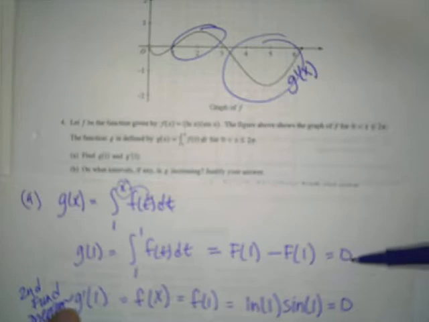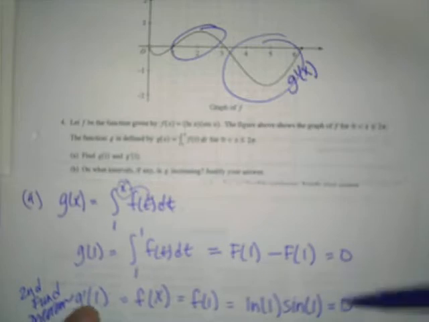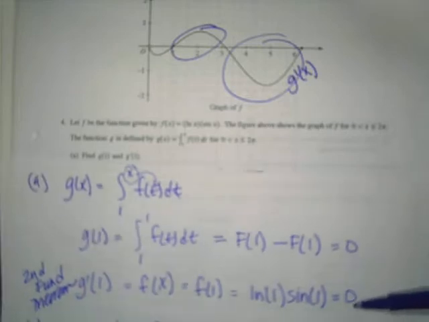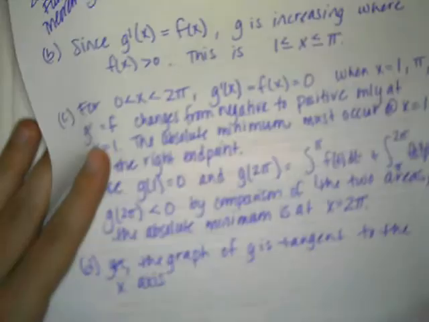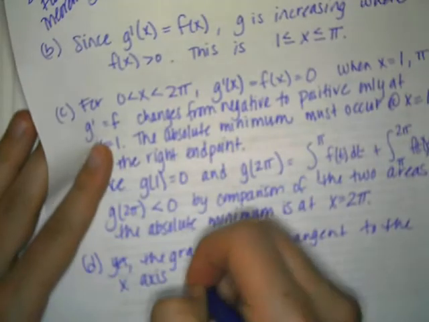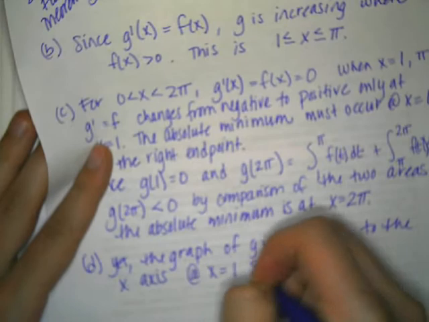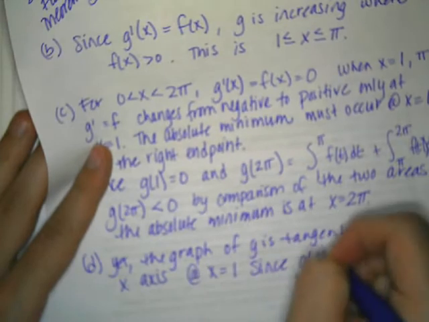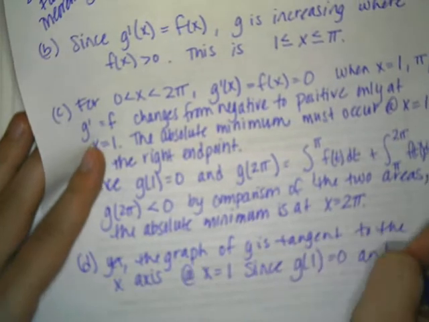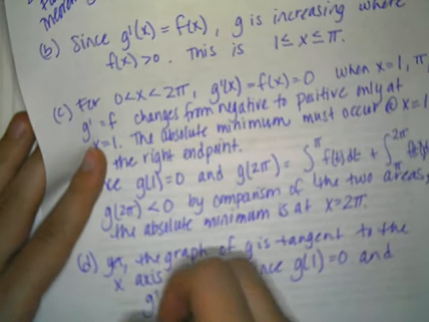That's on the x-axis. But then g prime of 1 was also 0, which is the slope of the tangent line. And so it's at x equals 1, since g of 1 is 0 and g prime of 1 is 0. That's all you have to say there.